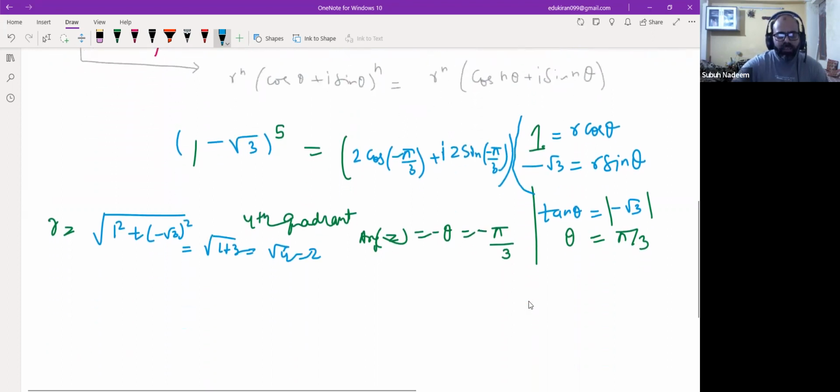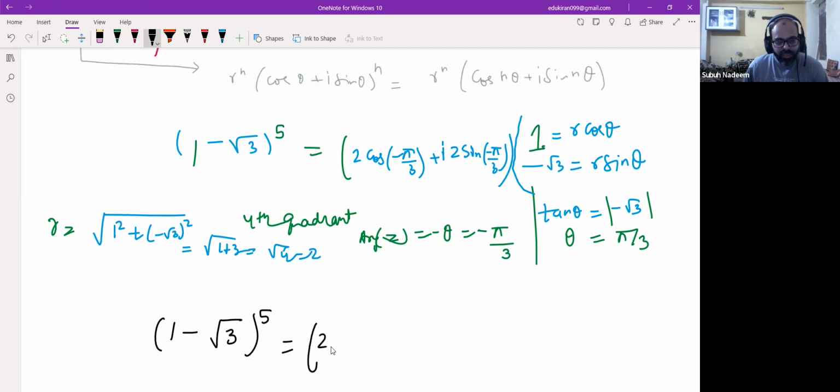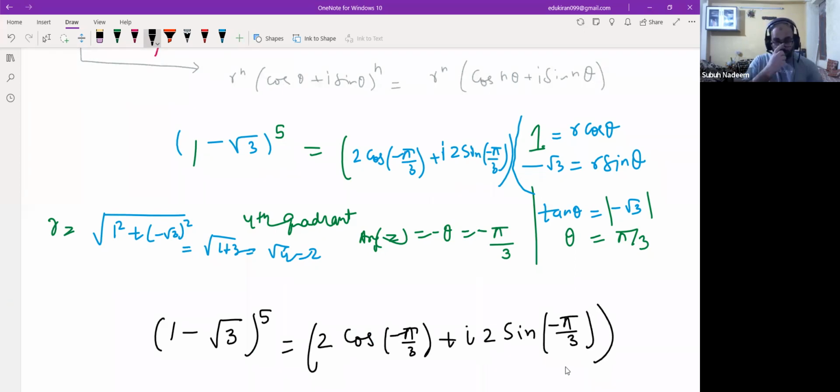So what am I trying to tell you, that if it is in xy form, that is 1 minus root 3 to the power 5, then it can be written as 2 cos minus pi by 3, 2 sine minus pi by 3. There is some problem with the pen of this tablet. So this is how we can write it.